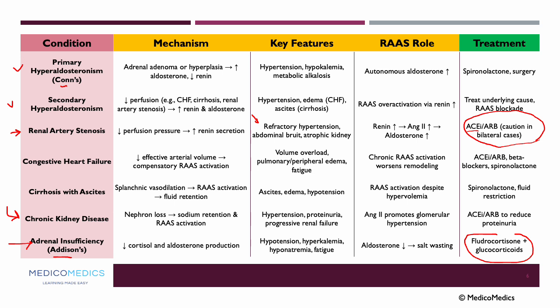So you can see here that there are several pathologies that either directly or indirectly involve the RAAS system, because of the massive systemic effects of angiotensin II, both on our pituitary gland releasing ADH, on our adrenal glands releasing aldosterone, the systemic vasoconstriction, sodium and water retention and reabsorption, etc., etc. There are so many different systems involved.